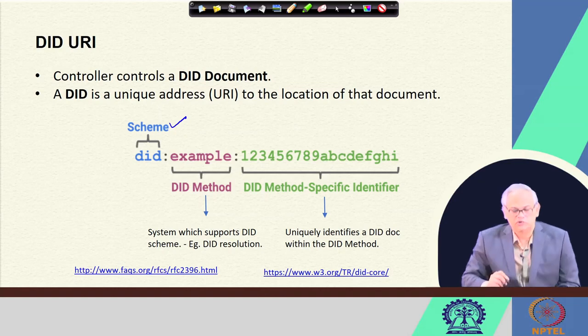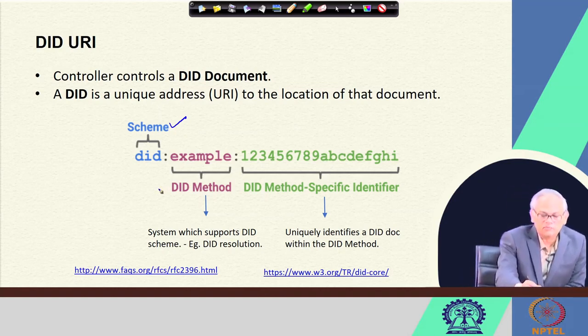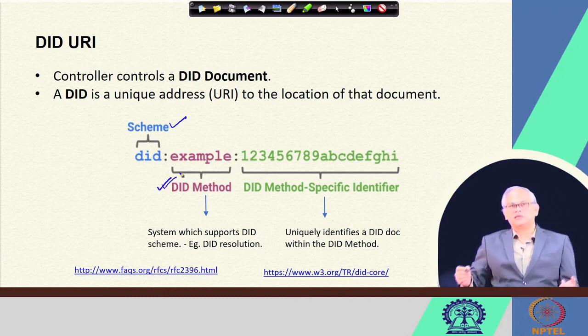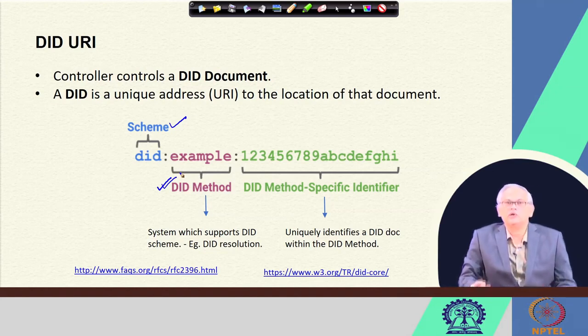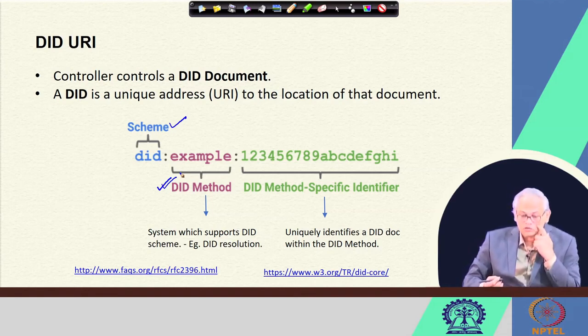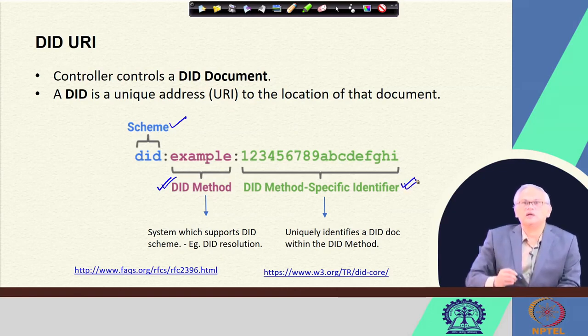Then the DID method is the second one, which here we have named example. Now, if it is used for example on Ethereum, which is a blockchain that we know about, then the DID method could be Ethereum, and then for the remaining part we have a DID method specific identifier.